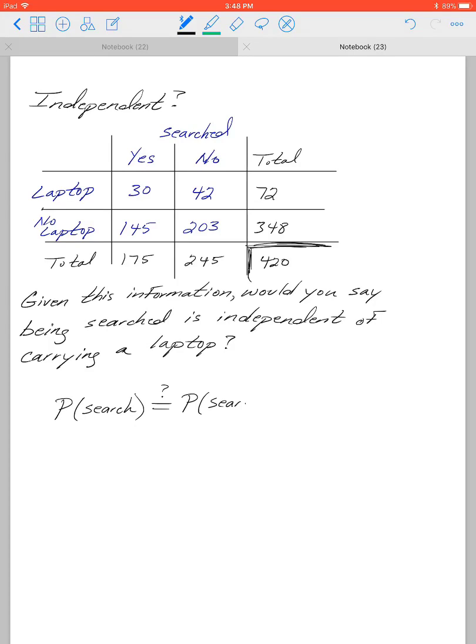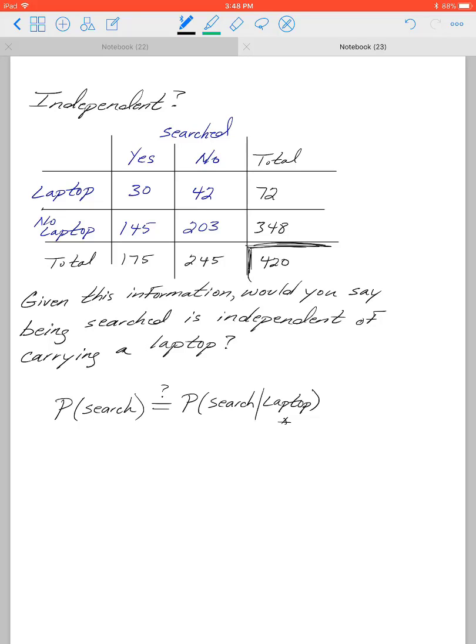Now, being searched given you have a laptop. For given, when you're looking at a two-way table, you focus in just on that category or that column. So let me give you a visual.